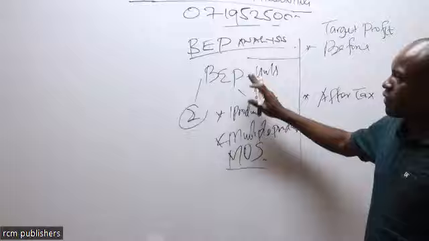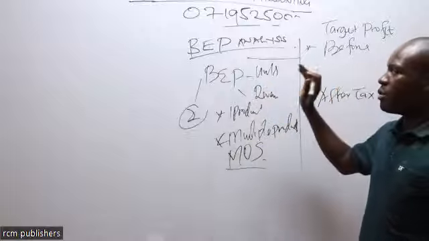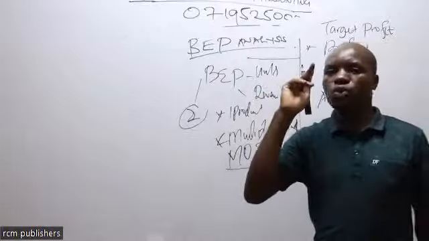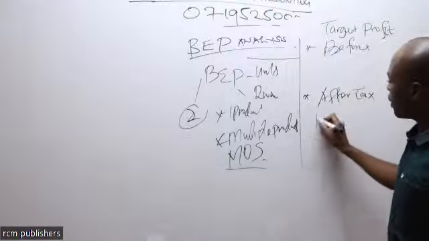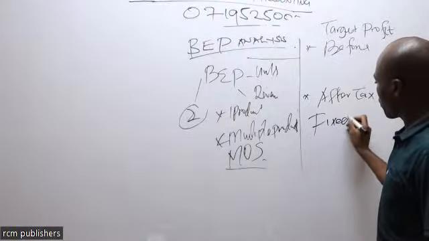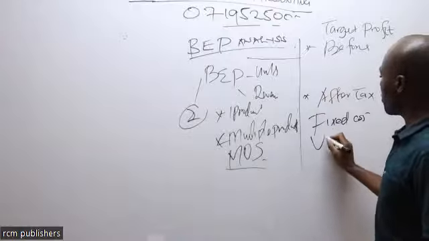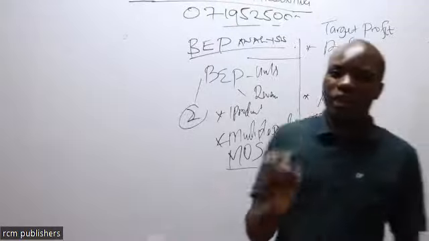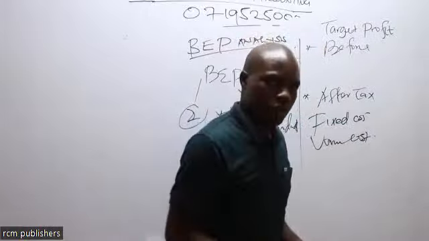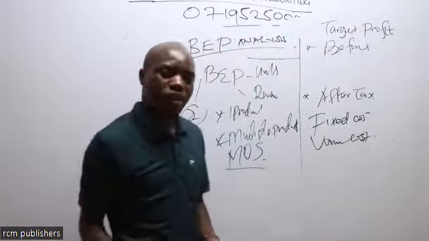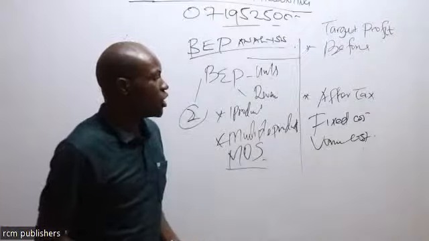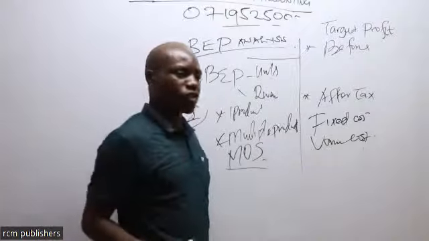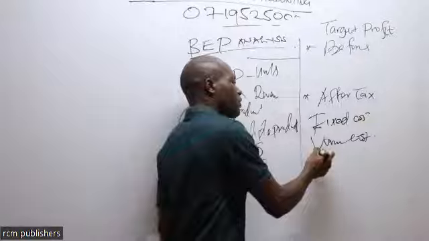In topic number 8, we only know 2 costs. We either have fixed cost or variable cost, irrespective of whether it is part of the cost of the product, or it is non-production variable. But what we need to know is that we only know 2 types of cost, that is the fixed and variable.